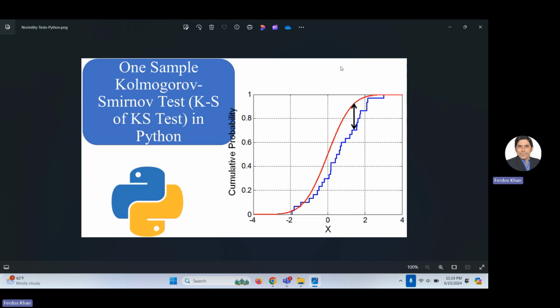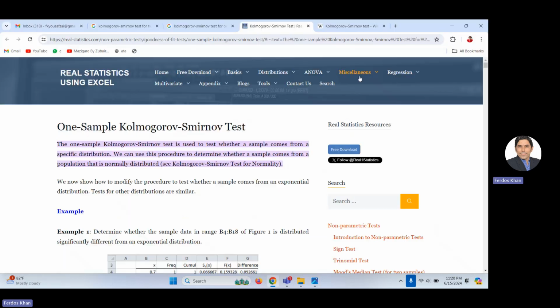You get a p-value, and you can conclude whether the data belongs to that distribution or not at some specified significance level. This was just the background, and if you want details, you can go to Google.